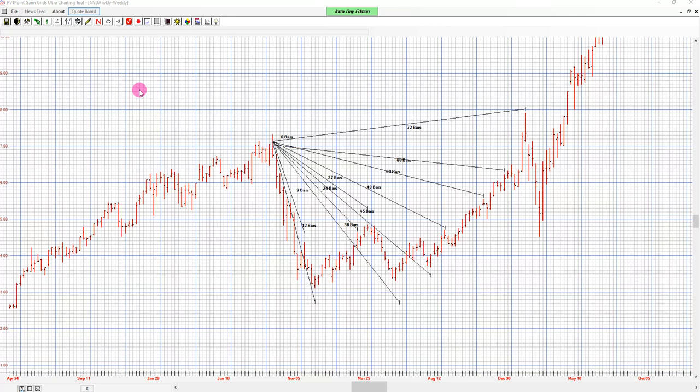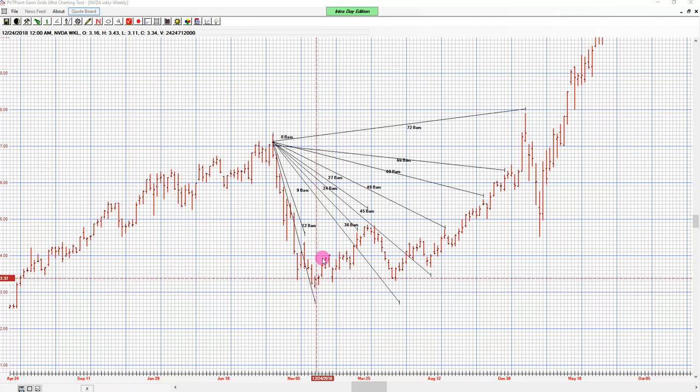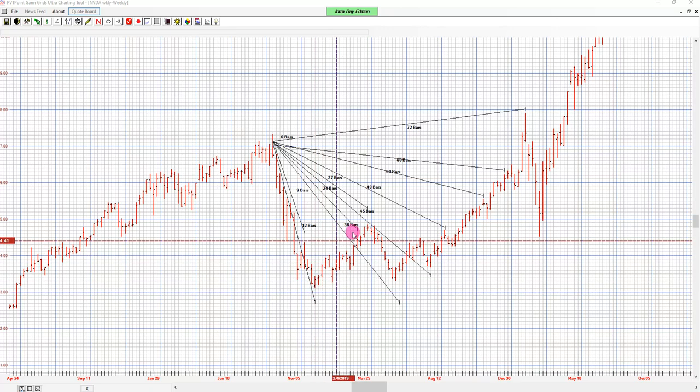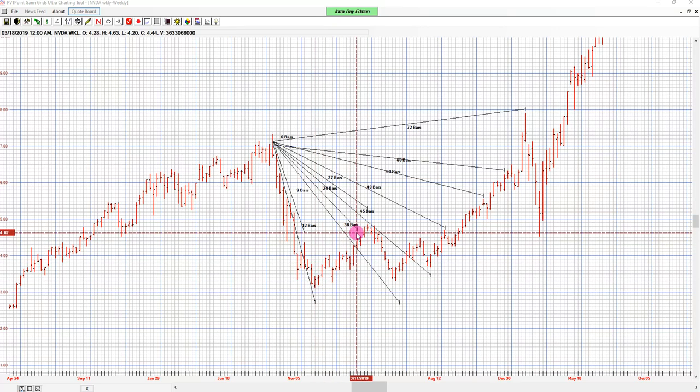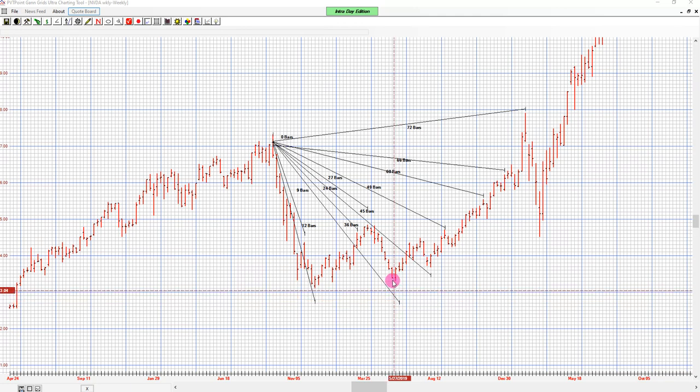So measuring off that high there, I'm going out 9 bars to this high, 12 bars to this high. There was nothing at 18. I'm going 24 bars, then 27, then 36 is 1 off the low.